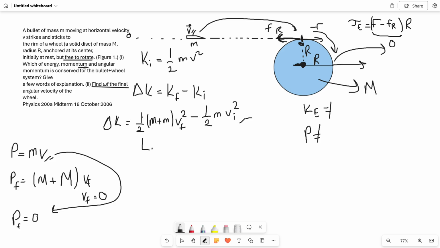If the angular momentum is conserved, we can say that m v r, the initial angular momentum, has to be equal to the final angular momentum, the total inertia times omega. Now we write this down.